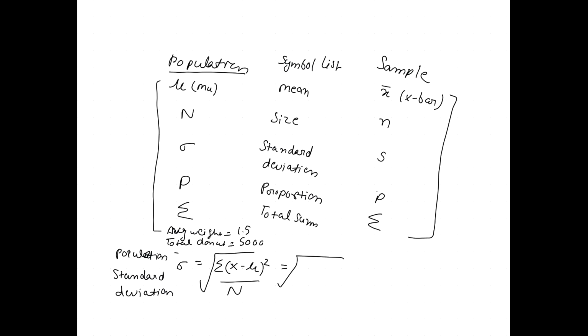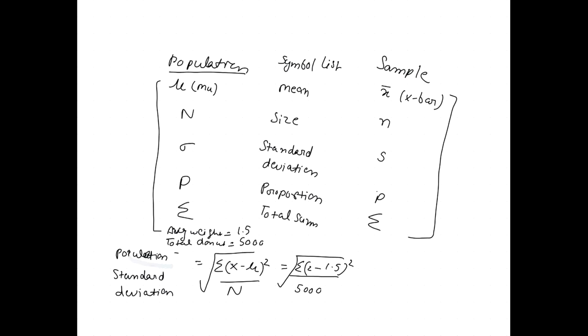So what we will do here is the summation. Let's say the weight of your first donut is 2 gram, minus this mean 1.5, and then you will square it. Here will be the square root of all this. So this is the way you will sum up the weight minus the average weight for each donut. So this is how you will calculate it. Let me write it here.